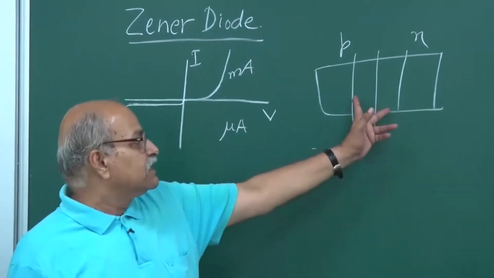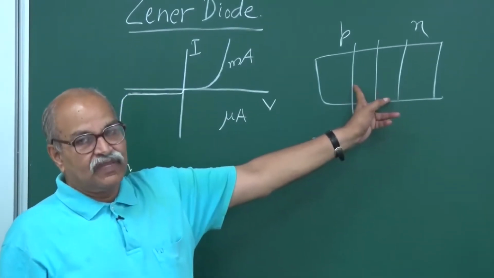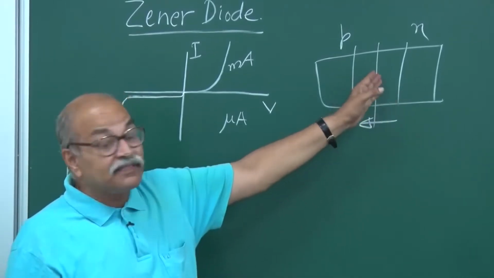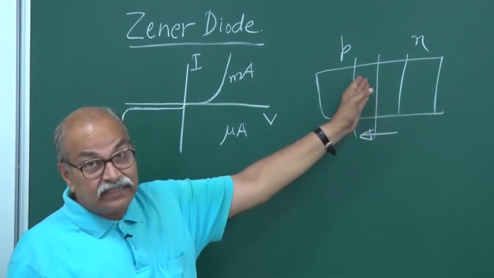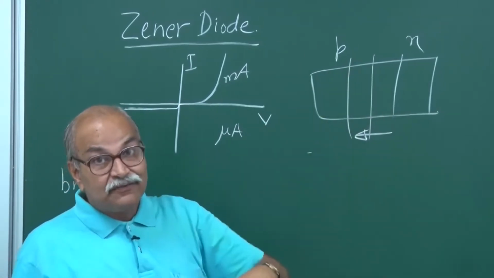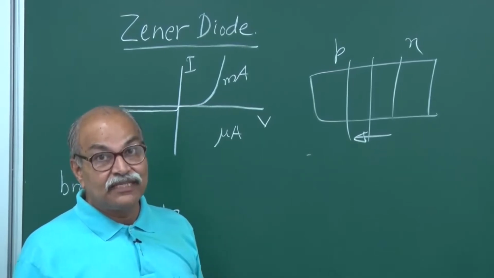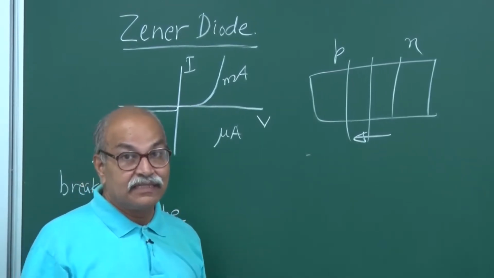If the region is wide enough and the electric field is able to impart enough energy to the charge carriers, they collide with the atoms and break the bonds, so that new electron hole pairs are created.